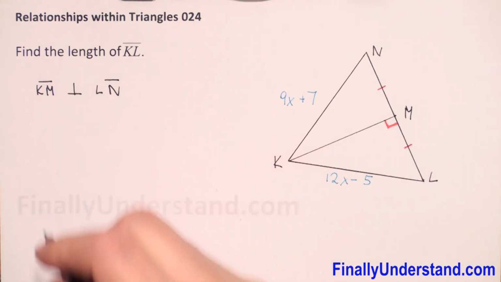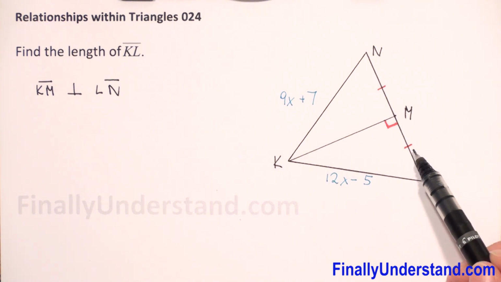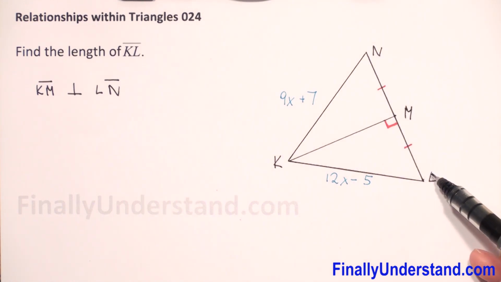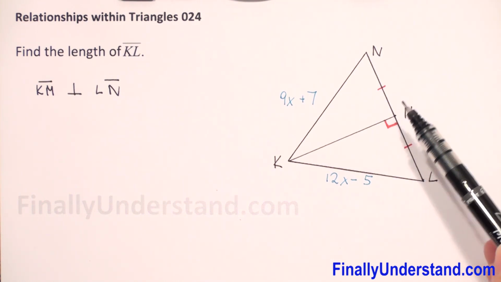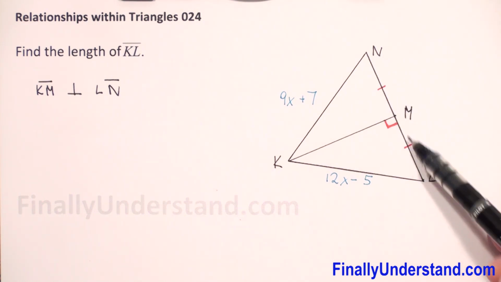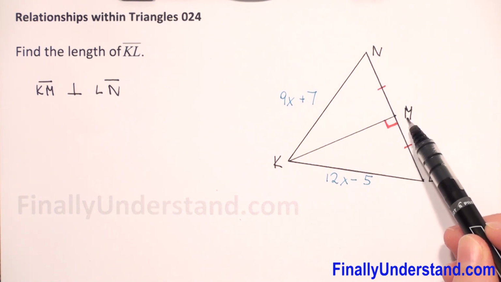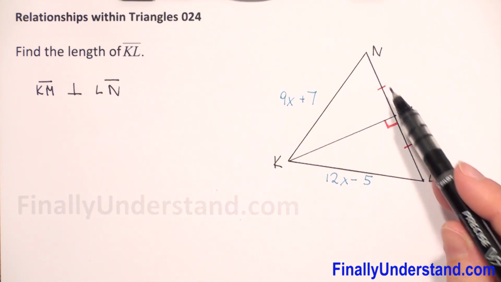LN segment. What else? We have these red marks on segments LM and MN. It means that these two segments are congruent. So M is the midpoint of segment LN.